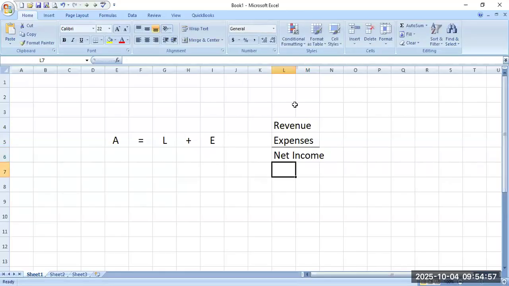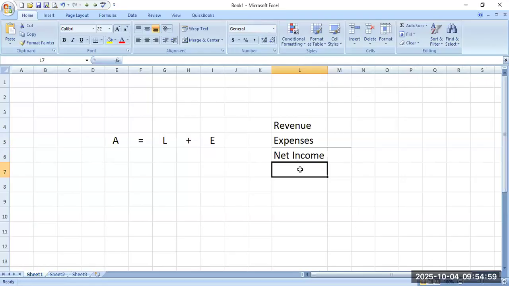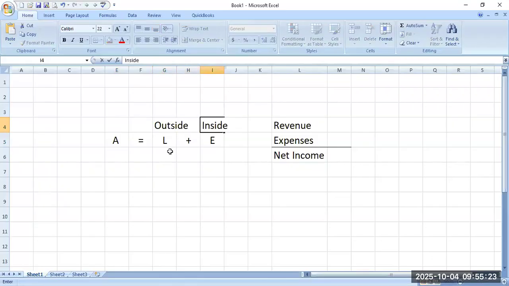Now the question is, to whom that net income belongs to? To the company, that's correct. And the company now owns that one. Those will be the outside and those will be inside, correct?